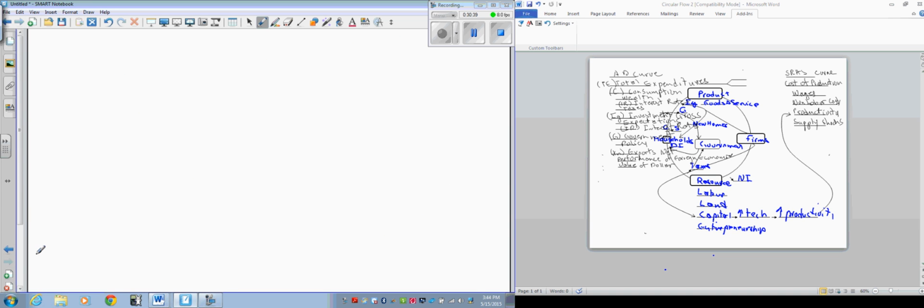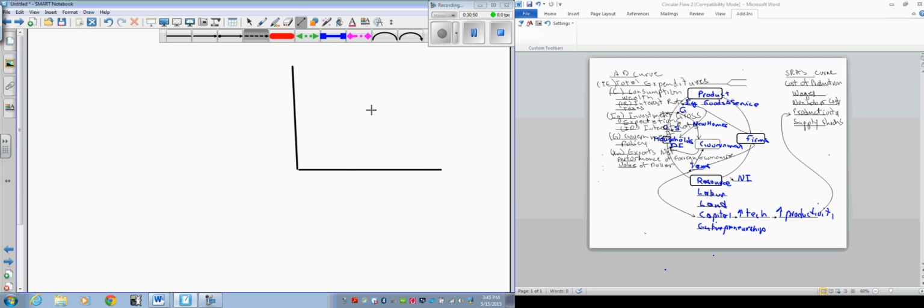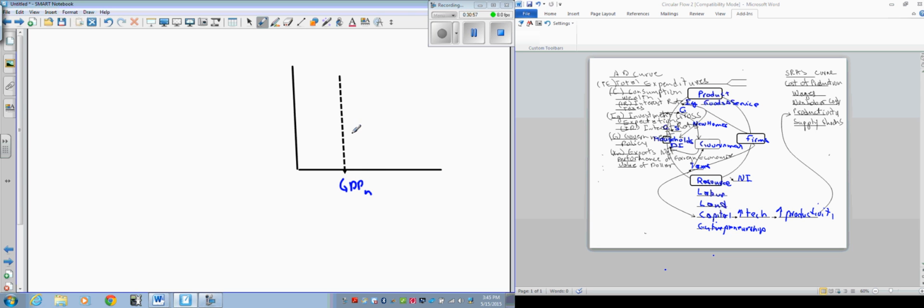Now, the last one, just to give you an idea where to go with it, it's going to talk about overemployment. So we're going to set up our GDP natural. But our intersection is going to be to the right of that.